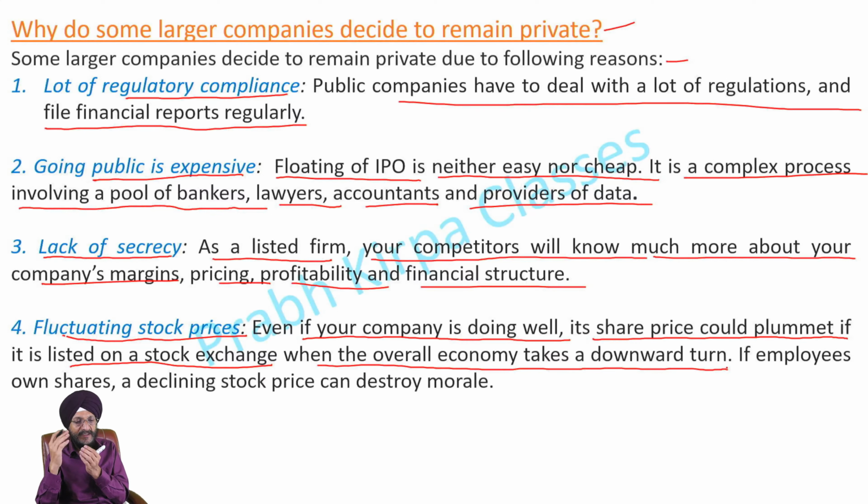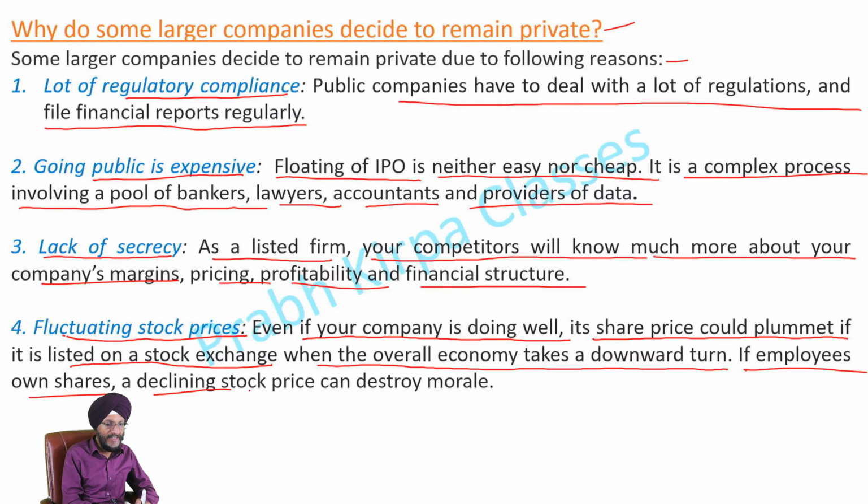So even though the companies were doing well, the shares had fallen because the overall economy had taken a downward turn. If the employees own shares, a declining stock price could destroy the morale of the employees.